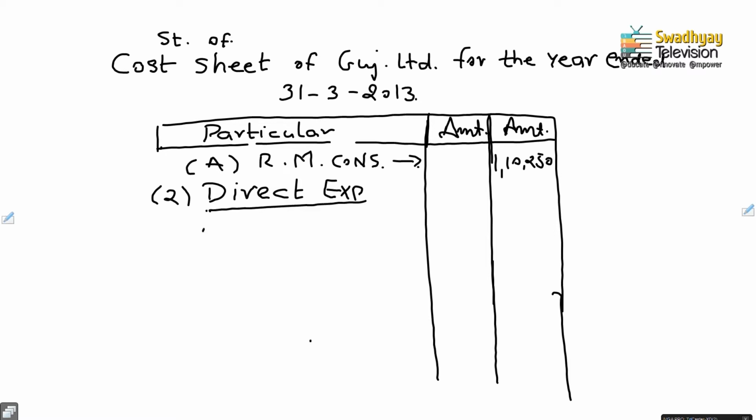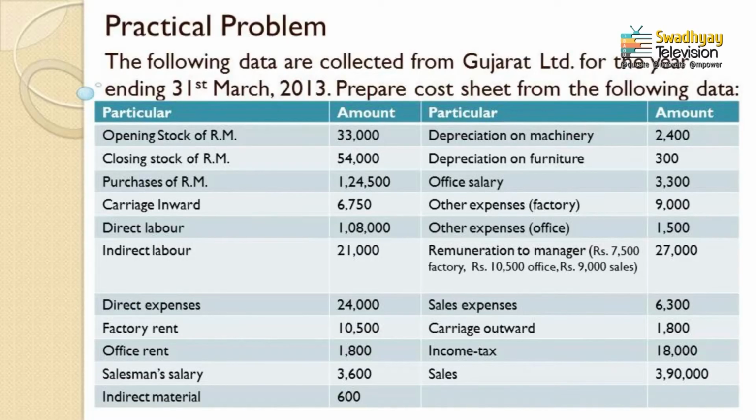First is direct labor. Just see the question, direct labor we have 1,08,000 rupees, that you can directly record in the outer column. We do not have many more items under this head, so direct labor you can record directly in the outer column. The second, if you have many more direct expenses, you can find out the direct expenses.